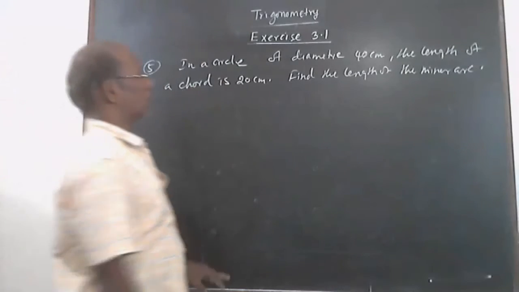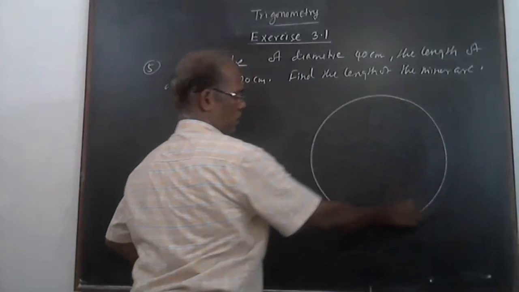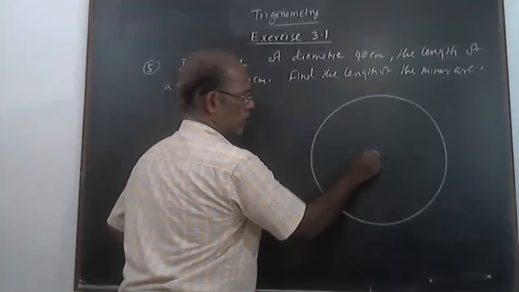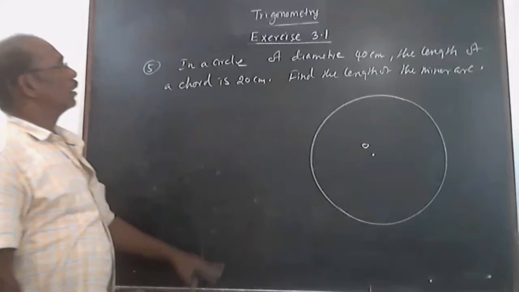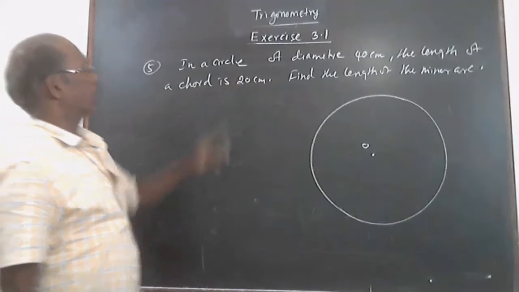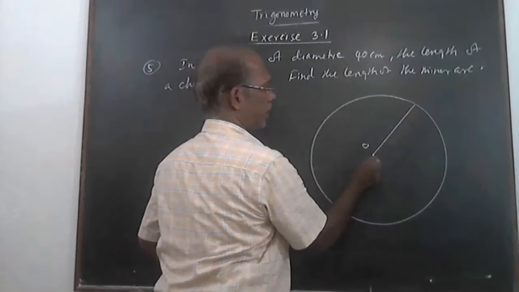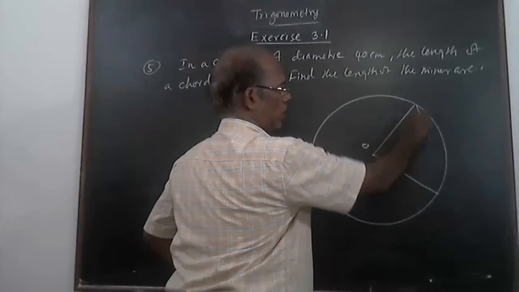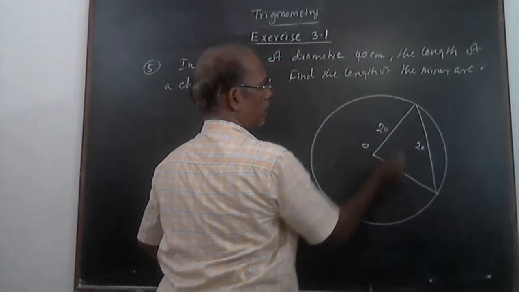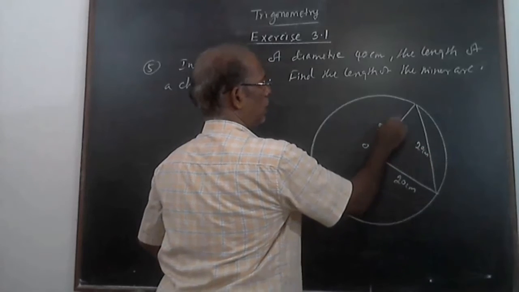Okay, listen. If you consider a circle, the center is taken as O. In a circle of diameter 40 centimeter, a chord is taken 20 centimeter, radius 20, the chord 20. This should be an equilateral triangle.